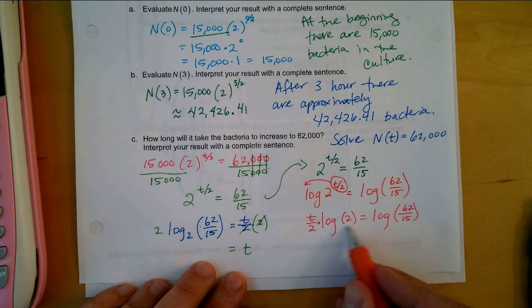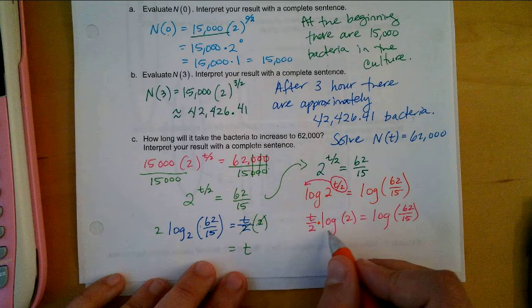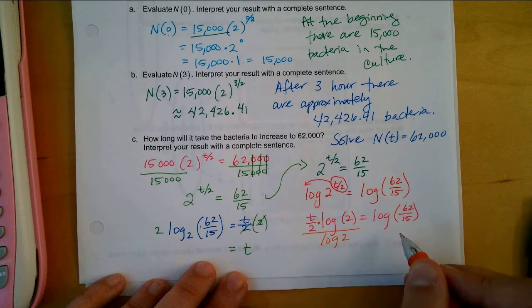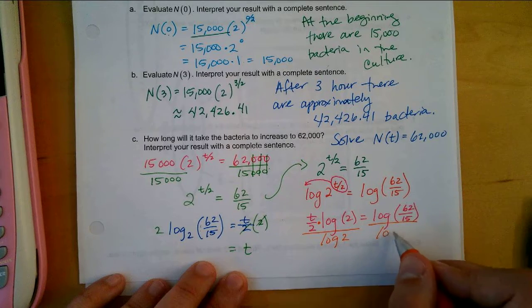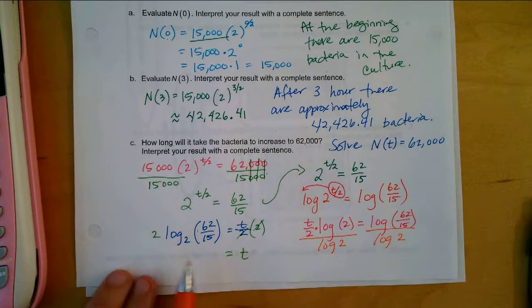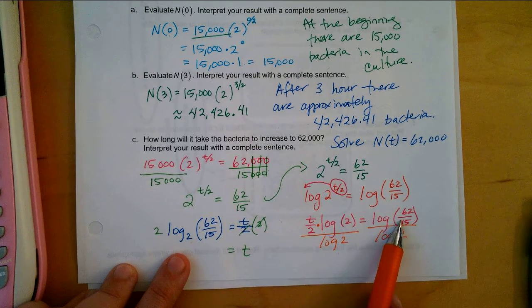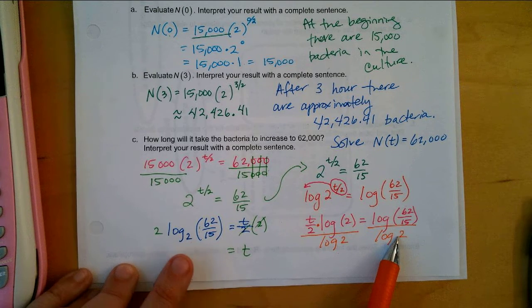And log of 2, by the way, is just a number. It's going to be a very decimally number. I could divide by log of 2. Do you see where that's the same thing? Log base 2 of 62/15 is the same thing as log of 62/15 divided by log of 2. That's called change of base, right?